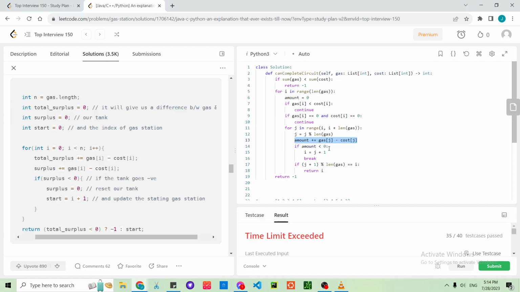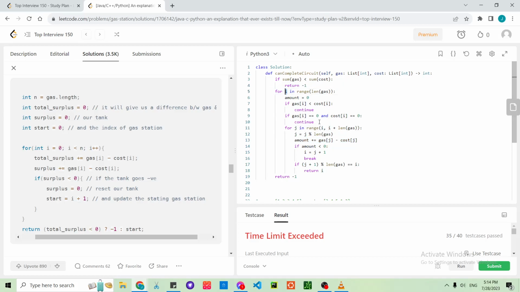I need more time to think about this, because we are actually... Oh wait, so J, so that's the start.